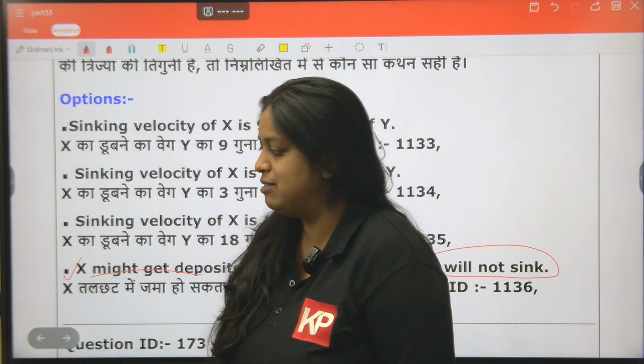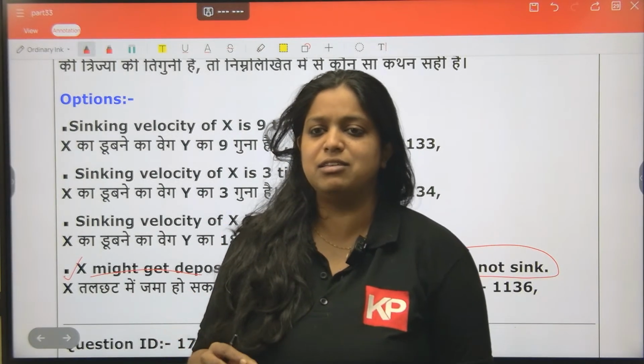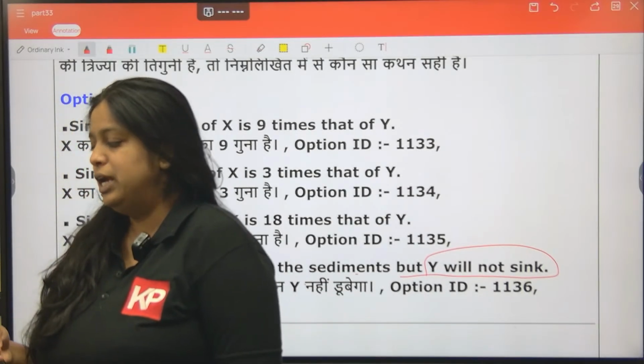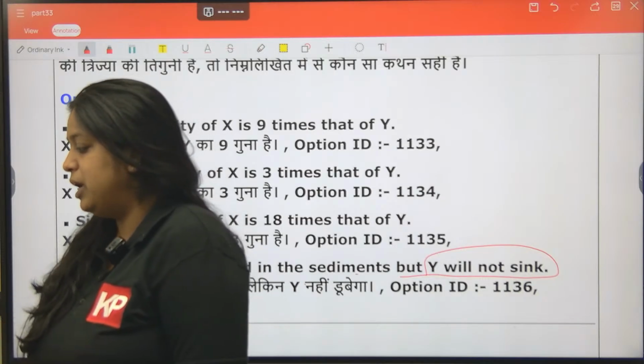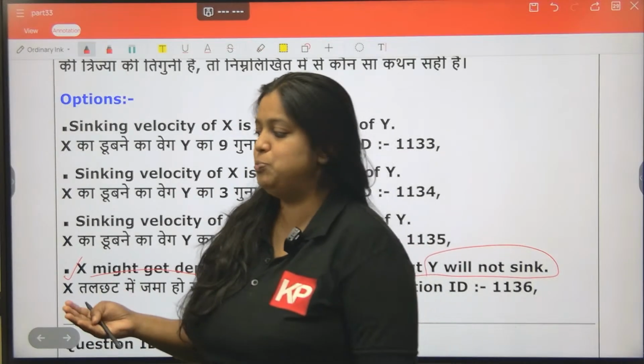That defines the settling velocity. When it comes to Reynolds number, it is Ws, the settling velocity, times diameter divided by ν, the kinematic viscosity. So there the relationship is different.